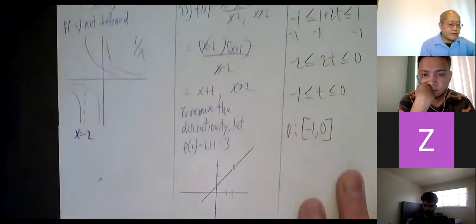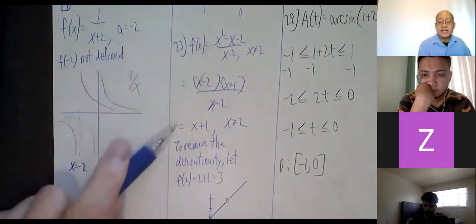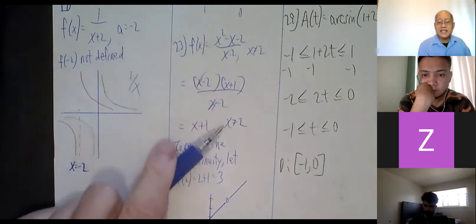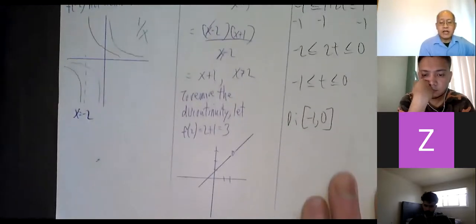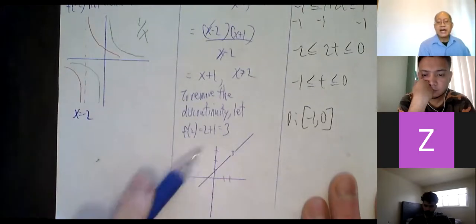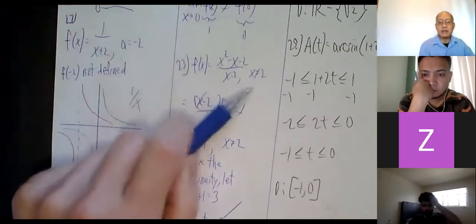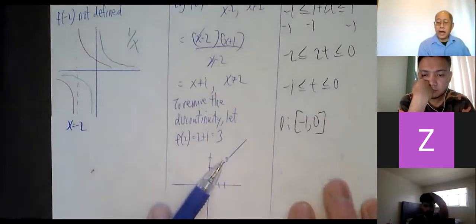So what is the graph of the original? So again, here's the logic. This is the same as this as long as x is not equal to 2. All right, x plus 1, graph of x plus 1, slope is 1, y-intercept is 1. It goes like that, except we know that x is not allowed to be 2. So can I plug up the hole?